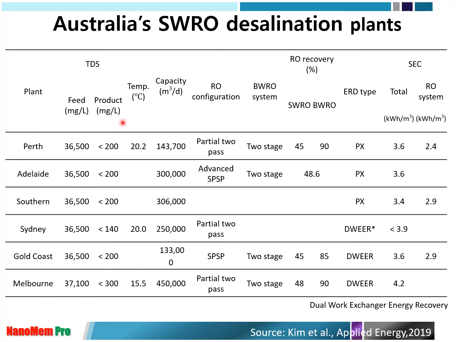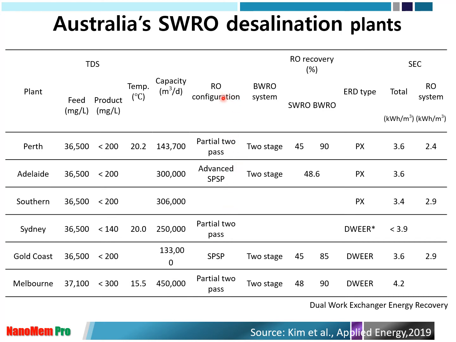The product water, which is drinking water quality, they want to produce is less than 200 milligrams per liter, and temperature is 15 to 20 degrees, capacity 150 to a maximum of 450 thousand cubic meters per day.